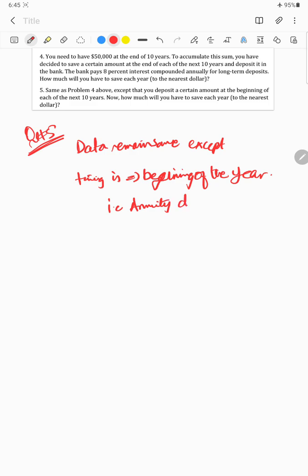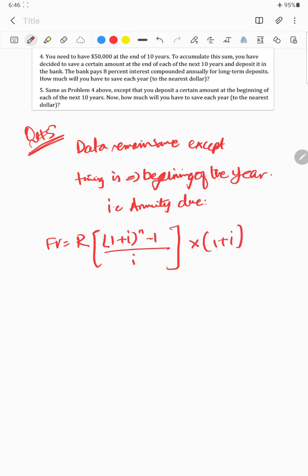annuity due. So the formula for annuity due is future value equals R times (1 plus I) to the power N minus 1 upon I, multiplied by 1 plus I. So please note here that the formula for ordinary annuity and annuity due is the same.